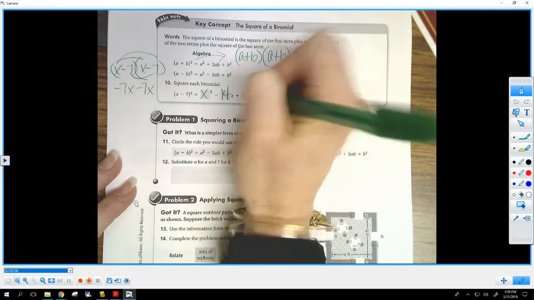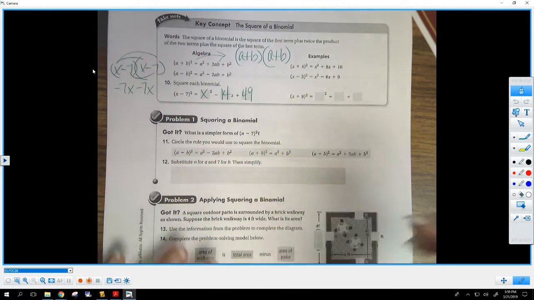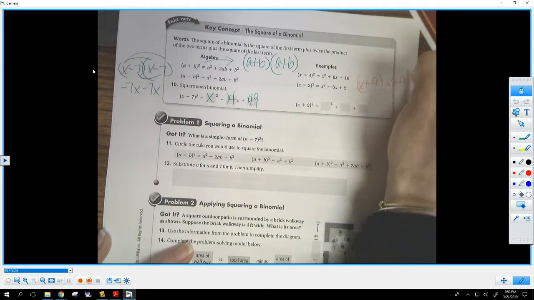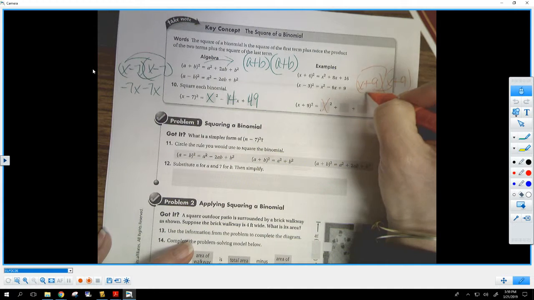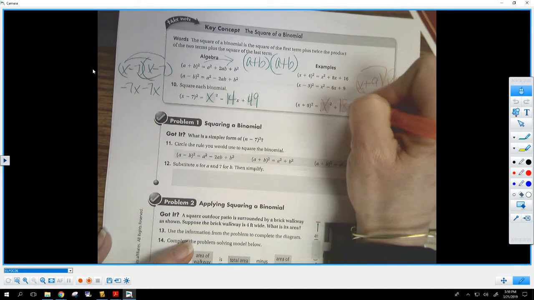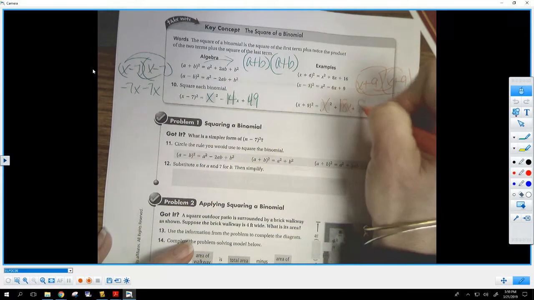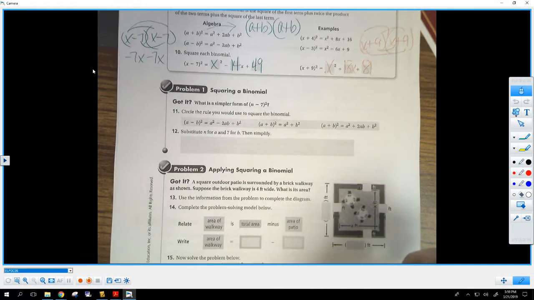And then last is plus 49. 7 times 7 is 49. Okay? So you're going to do the same thing right here. X plus 9. First is x squared plus 9x plus 9x, so plus 18x, and then 9 times 9 is 81, right? Those were just really quick versions of FOIL.